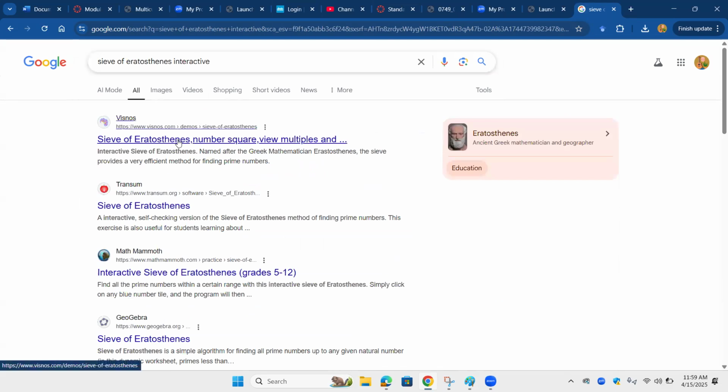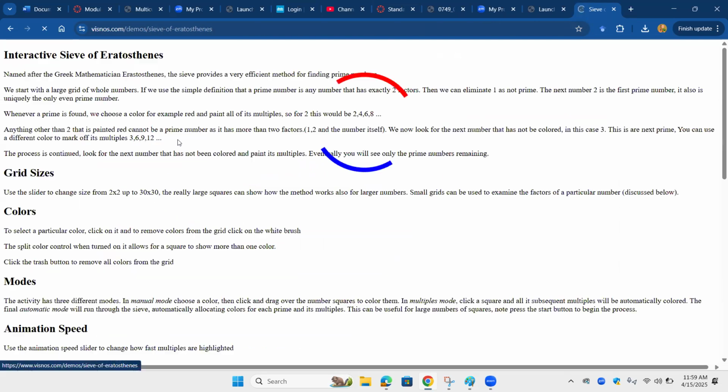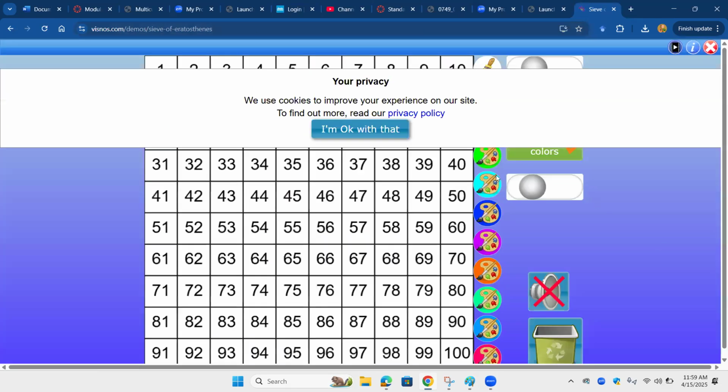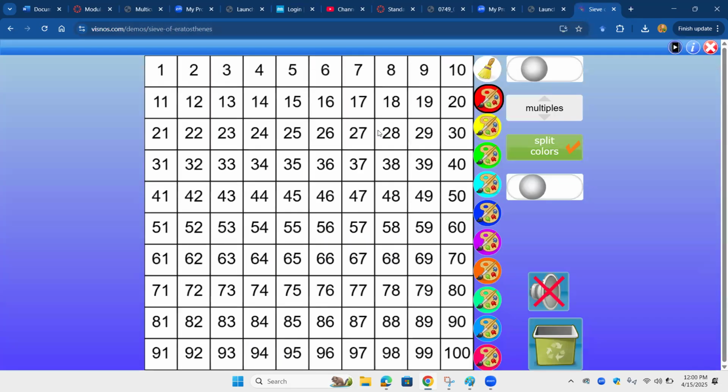I encourage you to do this with your students. So the way the sieve works, and I'm not sure how it's going to work on this website, but let's try it.